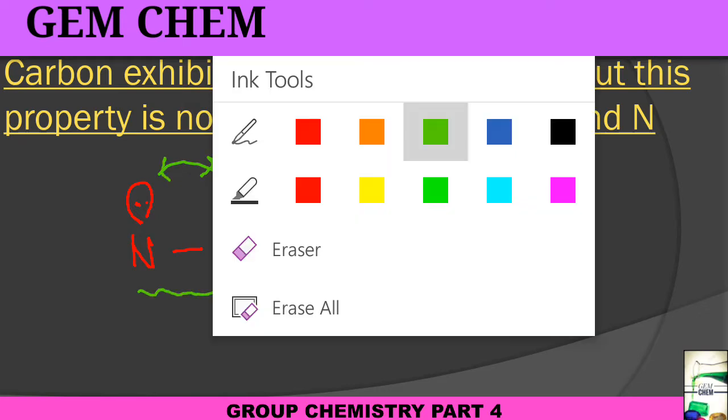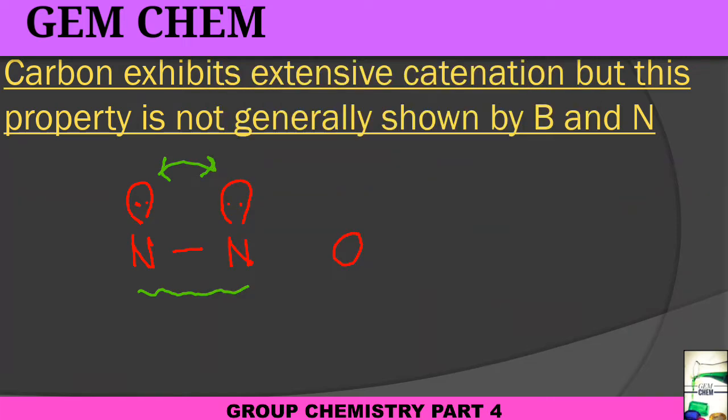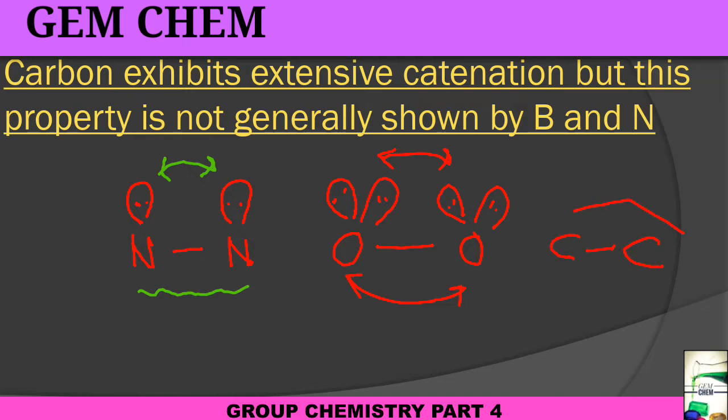Similarly, if we consider oxygen, there are 2 lone pairs, and again this oxygen has 2 lone pairs, so there is again lone pair repulsion. But in the case of carbon, this bond is much stabler because there is no lone pair, and the small size is also a factor.